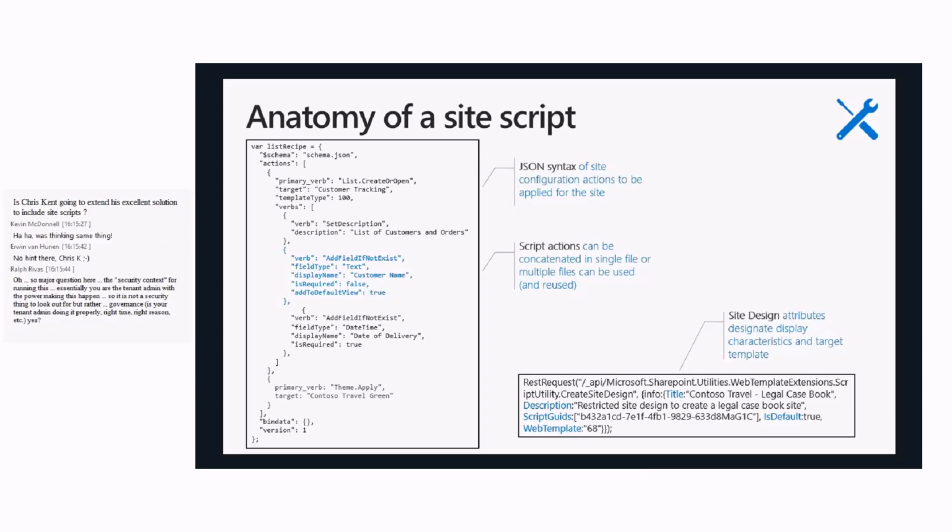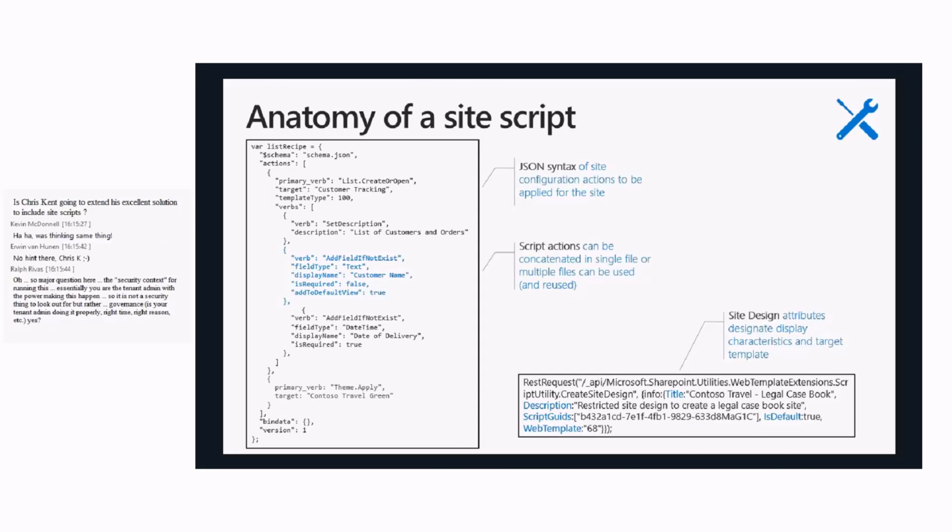Let's see. At the bottom right, you see a REST request to create a site design, and we highlighted some of the interesting attributes, the things that are pretty visible once you apply the site design. So the title is the string that will be visible in the drop-down. Remember the wizard where we showed the drop-down?